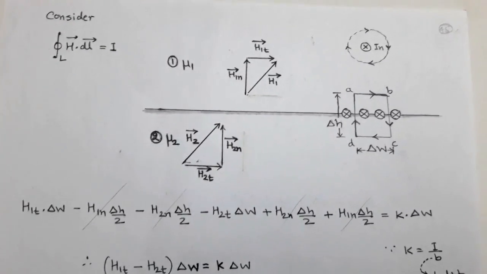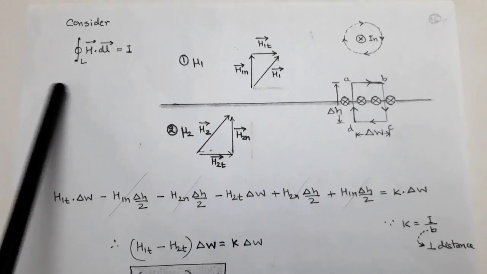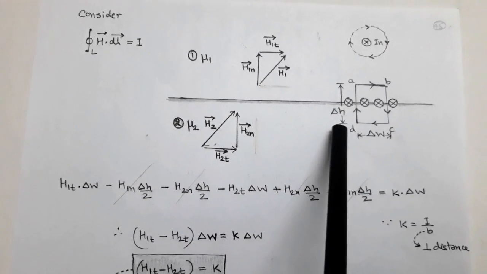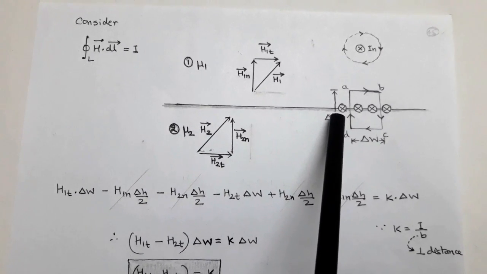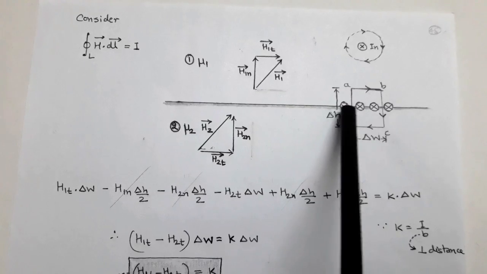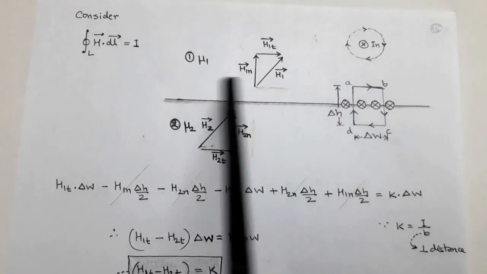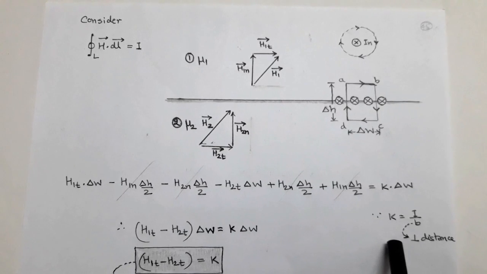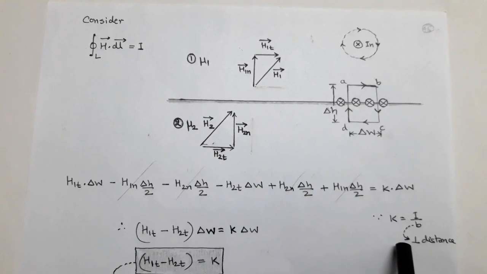Now apply the closed line integral of H dot dl equals I enclosed. Since there is a surface current flowing on the interface of the two magnetic media, we consider a surface current density, and the formula of surface current density is current per perpendicular distance.